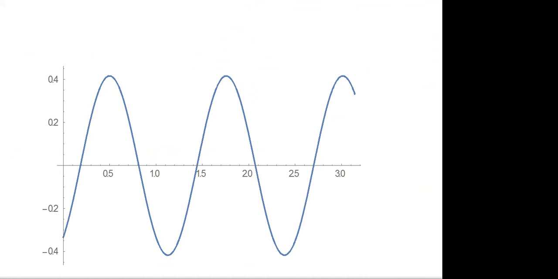Initial condition, x at 0 equals negative 1 over 3, with the initial velocity 5 over 4, which is downward, or positive. So it's gonna be going that way. So x prime at 0 equals 5 over 4.